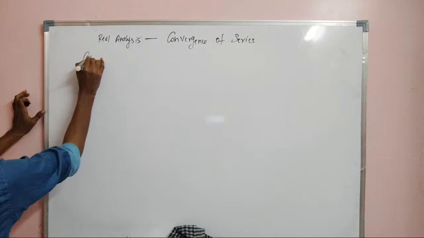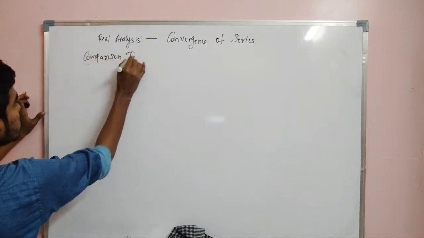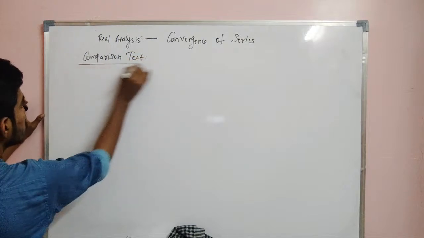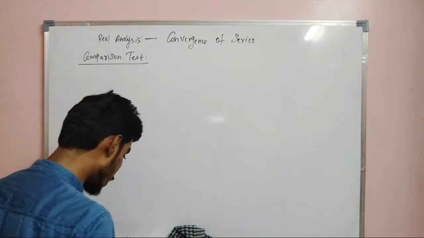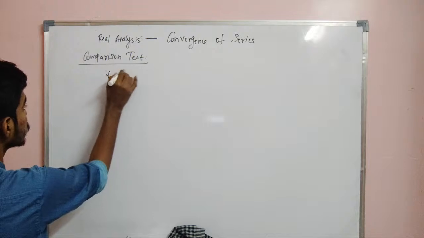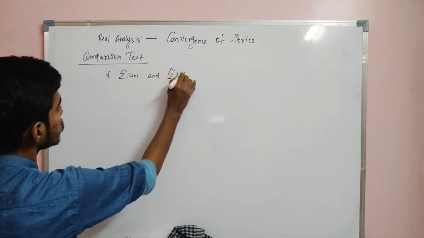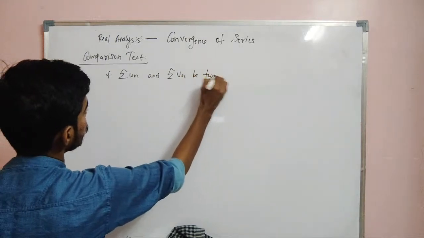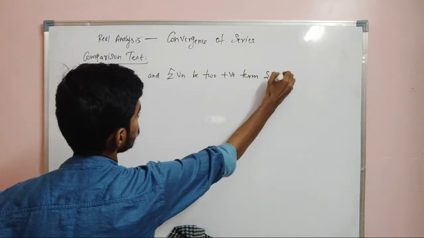So, comparison test: if summation un and summation bn are two positive term series, right?